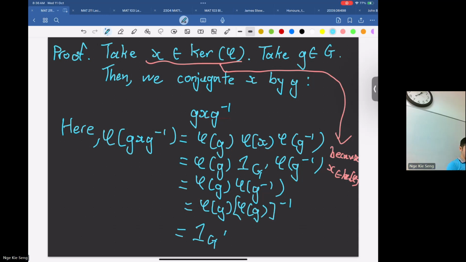Or the other way: combine again. Phi of g times phi of g inverse is equal to phi of 1, which we set to identity.